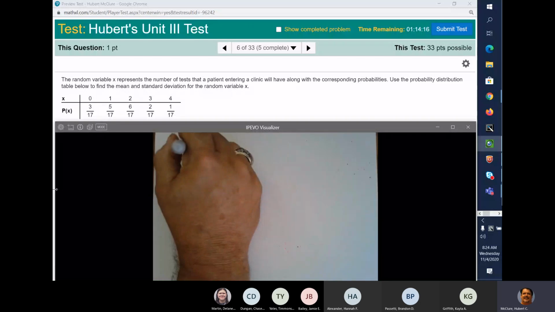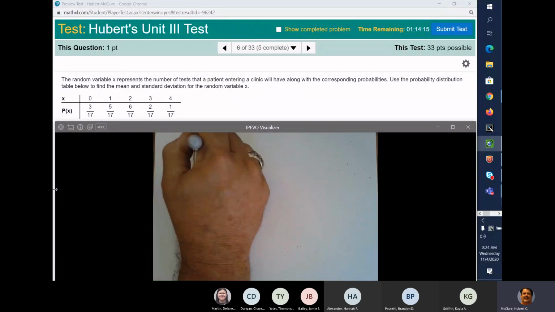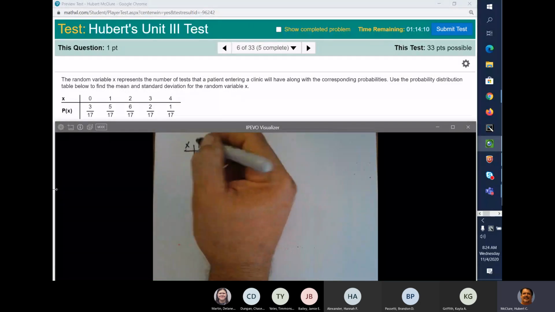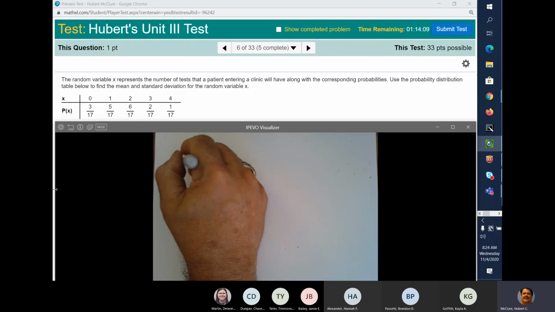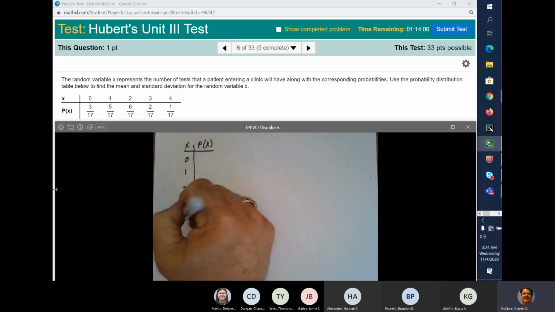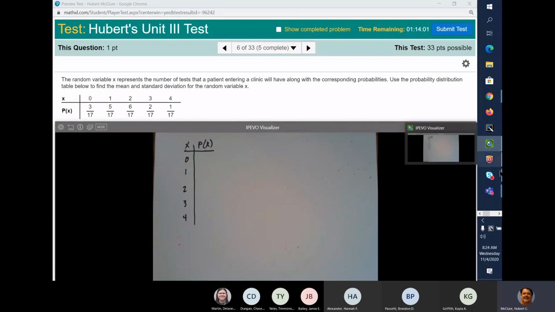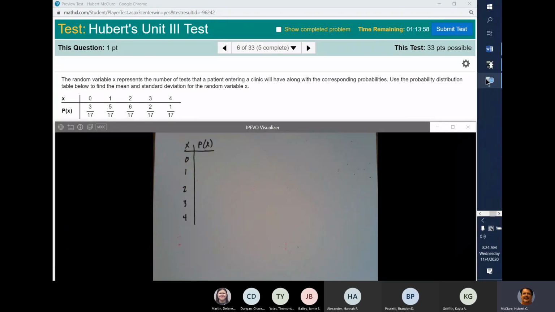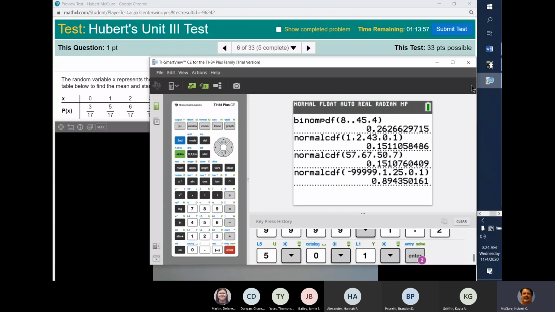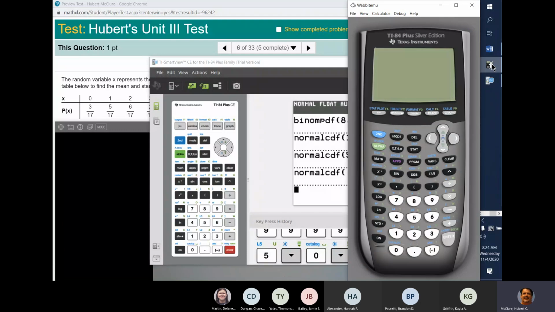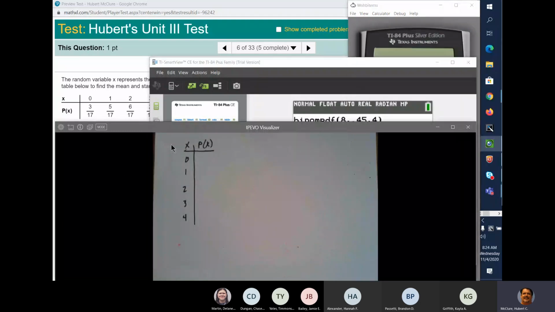X, P of X. 0, 1, 2, 3, 4. And I'm going to change those fractions because I showed you decimals, so we're going to change them to decimals. I'm going to have to use the other calculator if y'all don't mind.